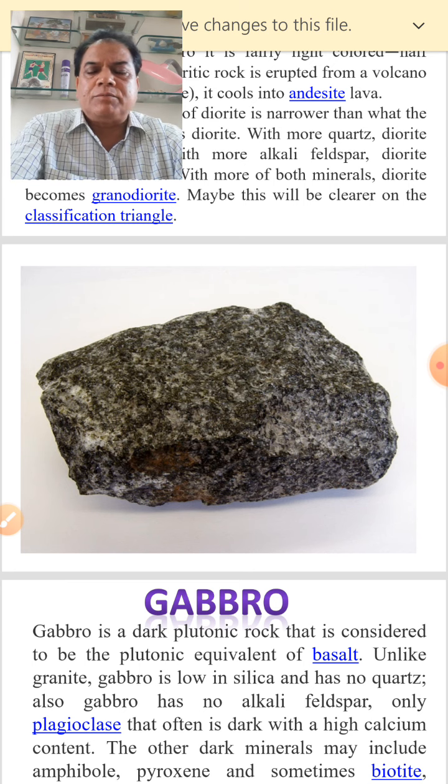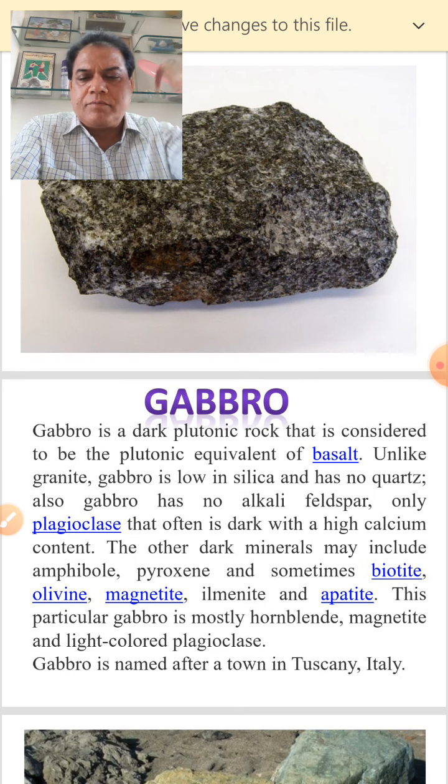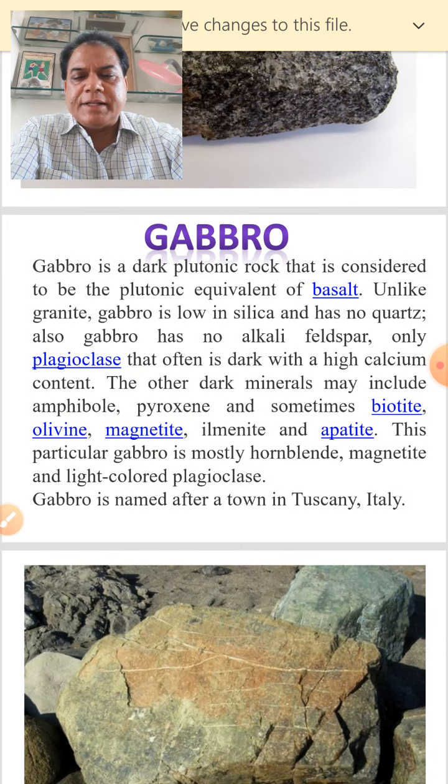What we discussed in the composition of basalt, that it has clinopyroxene, that is diopside, and plagioclase of labradorite composition. Maybe amphibole may be present as an accessory mineral to some extent, right? It is named after a town in Italy, Tuscany. From there it has been named like this.